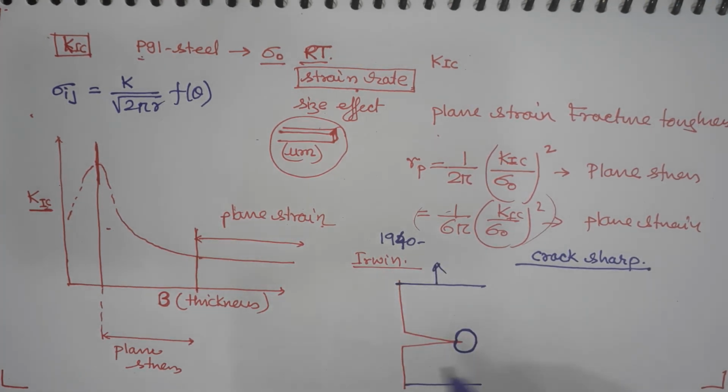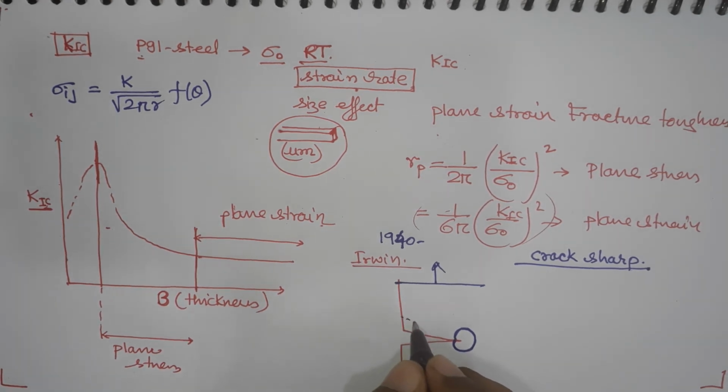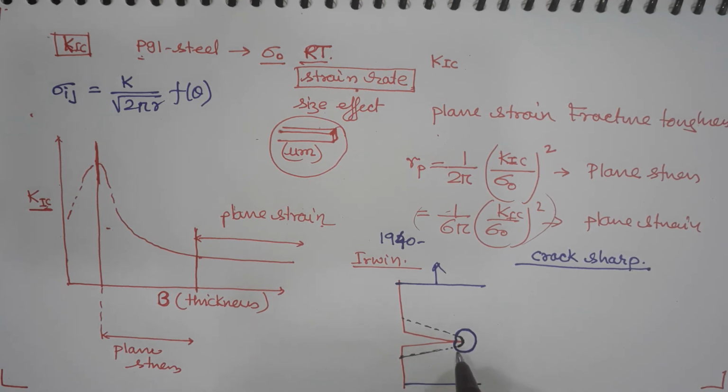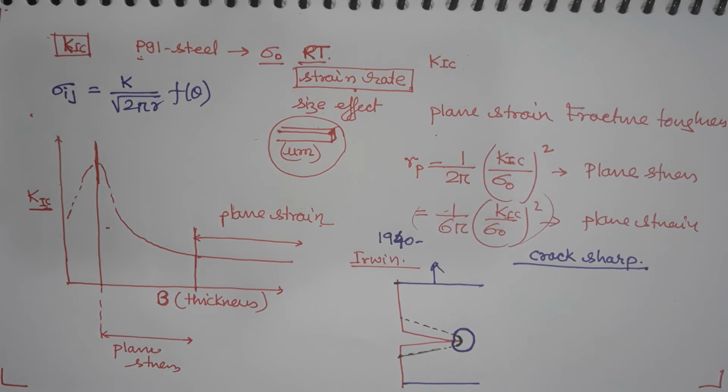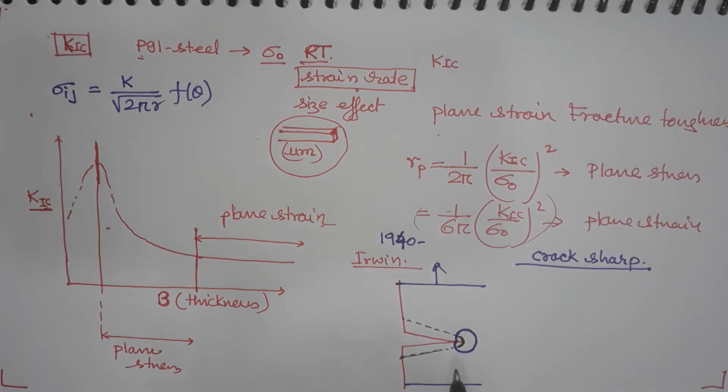Okay. So, what happens after some time is that this crack opens up and it blunts. So, it opens up like this and it has some amount of blunting. This blunting is because of plastic deformation. If it is just elastic and there is no plasticity in the material, then this blunting will not appear.